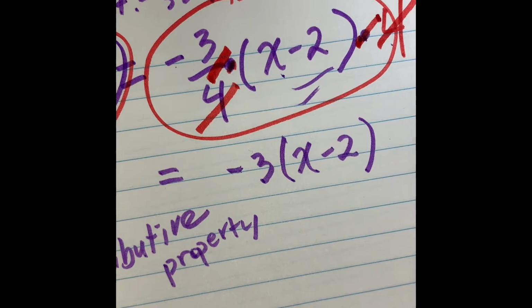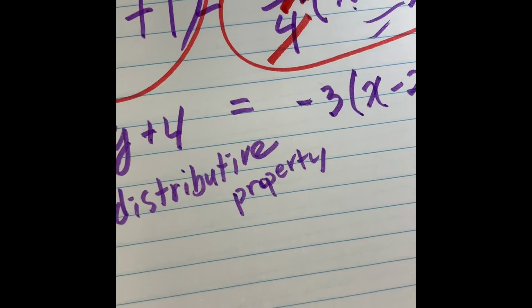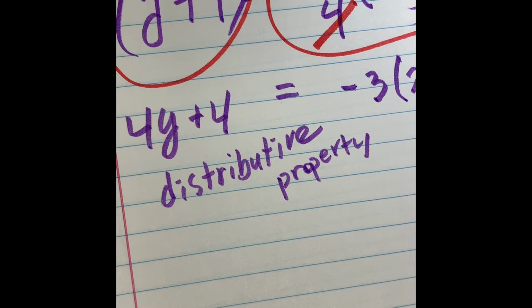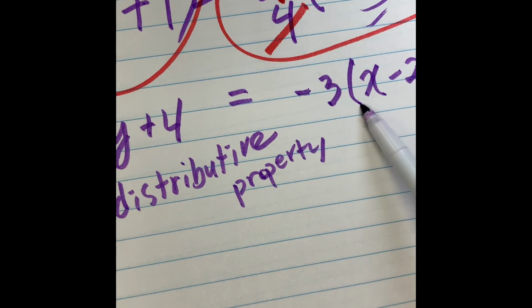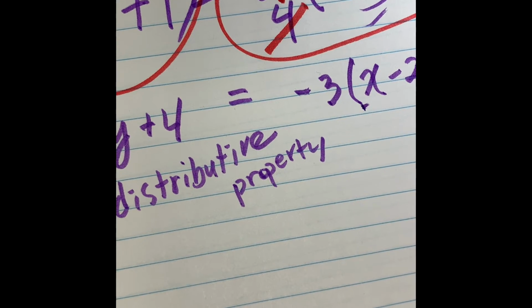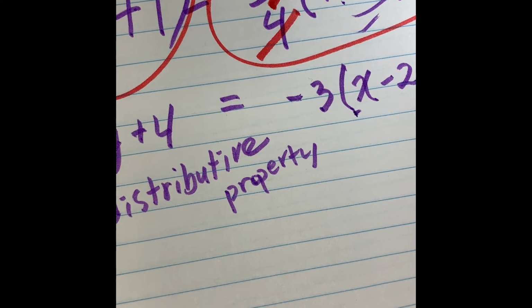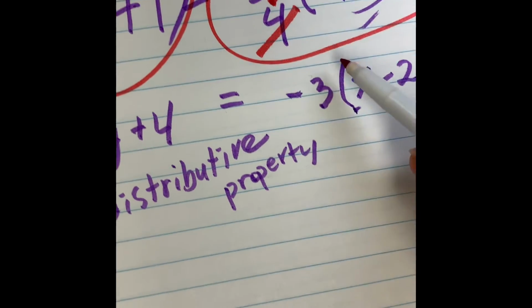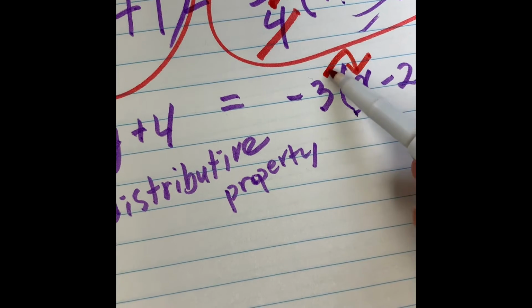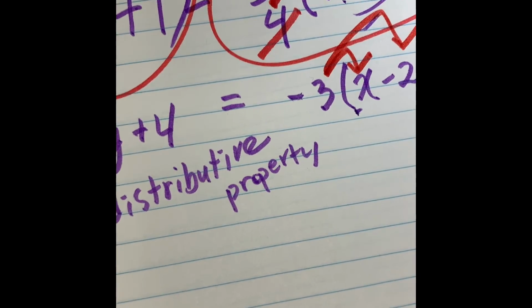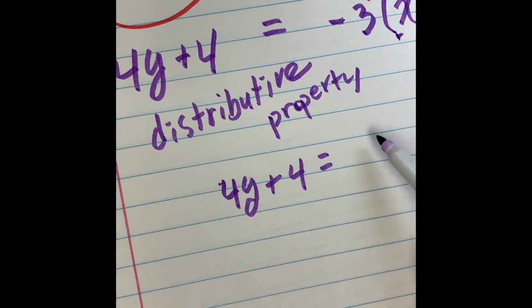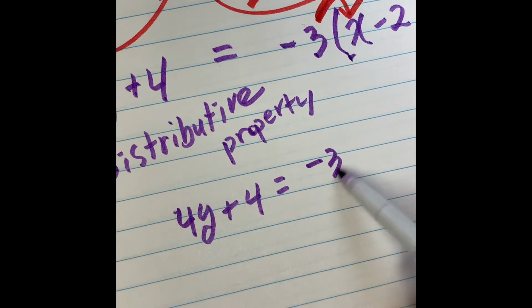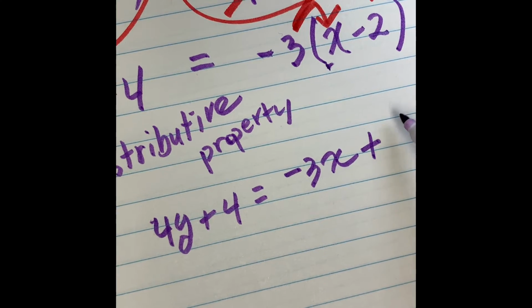And then what do I do next? Do you like this parenthesis now? No. So what do I need to do? Distribute the -3 times x, right? So what do I get? 4y plus 4 is equal to -3x plus 6.